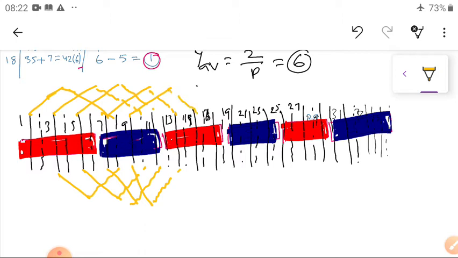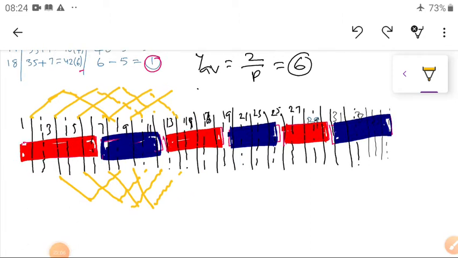Then 16 should be connected to 13th, so it is connected here. Where is 13? So here is the 13. This is the diagram as per the above winding table.